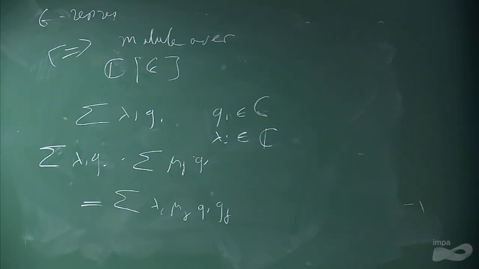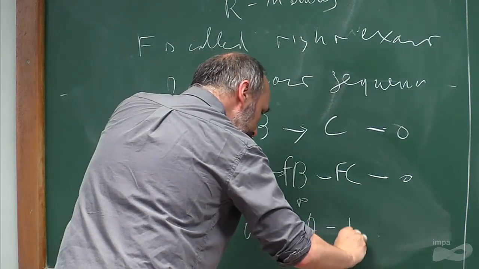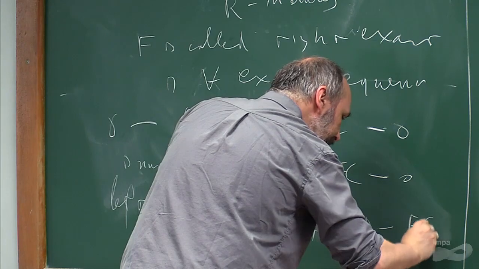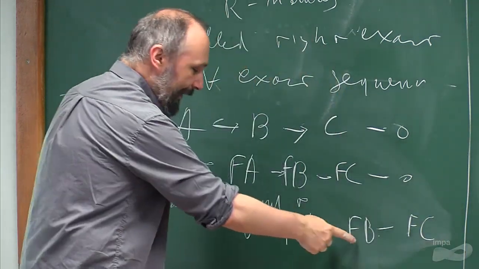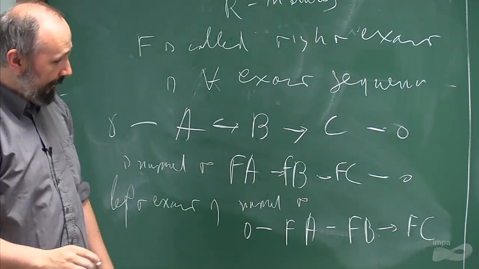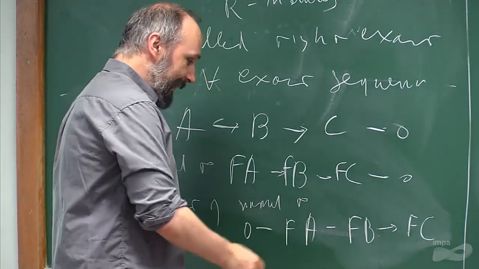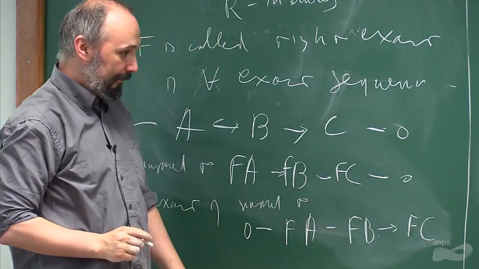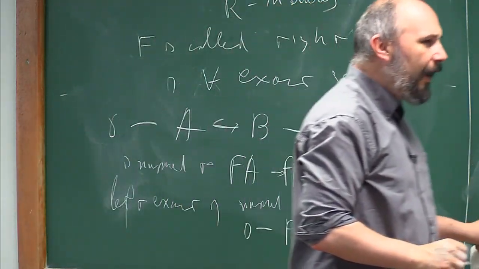If 0 goes to A, goes to B, goes to C is mapped to 0 goes to FA, goes to FB, goes to FC, here it should be an embedding, and the kernel of this map should be equal to FA.